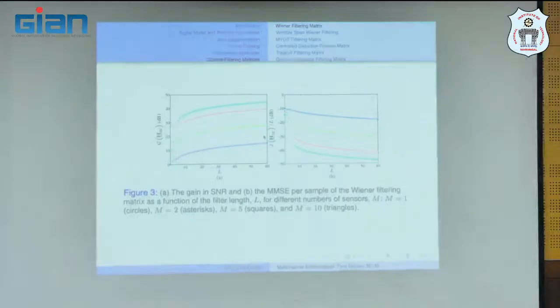So the MSE that we wrote before is the total MSE over all the L samples. So if we want the average MSE per sample, we need to divide it by L. Okay? So we see that the average MSE for each sample reduces when we increase L or when we increase the number of sensors. This is beautiful.